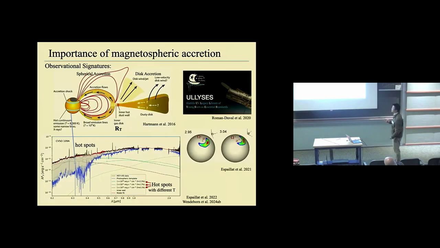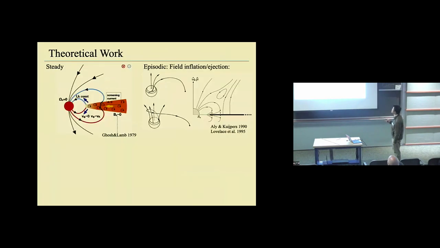Although we have a lot of observations on magnetospheric accretion, on the theory side it's actually not quite clear. The earliest work by Ghosh and Lamb suggests that this is very turbulent, so the magnetic field lines are only moderately bent. In that case, the disk could accrete steadily.